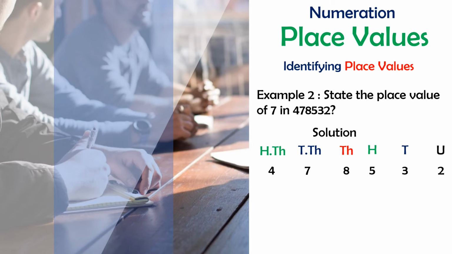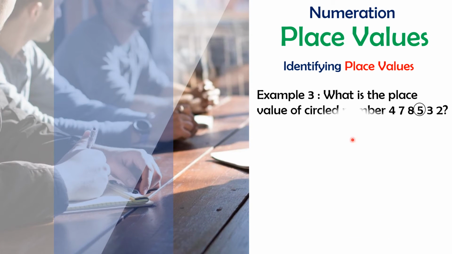That's good. So let's now look into 7 to find out the place value on top of it. So the place value on top of 7 is T.th. And T.th simply means tens of thousand. So place value of 7 is 7 tens of thousand. So 7 tens simply means 70. So being of thousand, it means 70,000. That's good. Let's look into the third example.